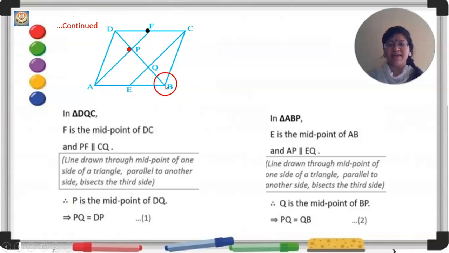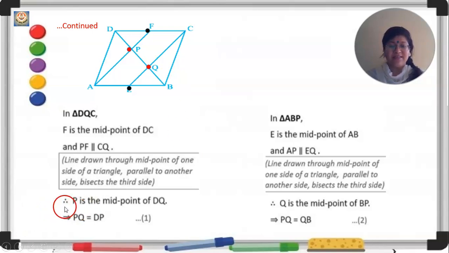Now, in this triangle APB, you already know that E is the midpoint of AB. It is given. We just proved EQ is parallel to AP, okay, and therefore Q will become the midpoint of which segment? Yes, it will become the midpoint of segment PB, okay.